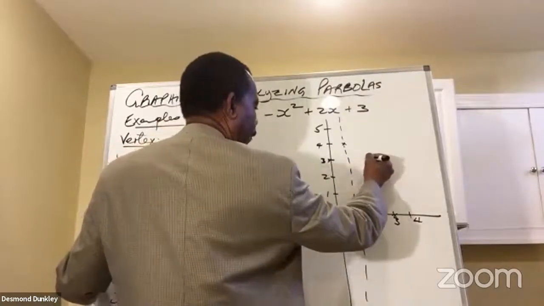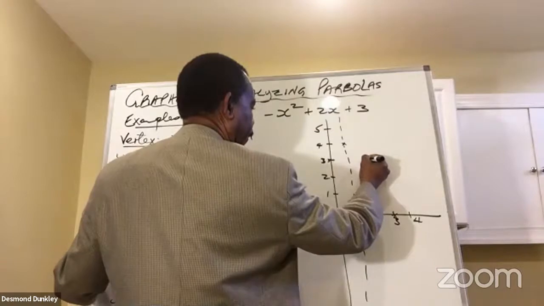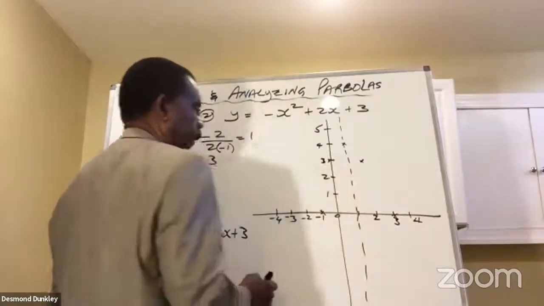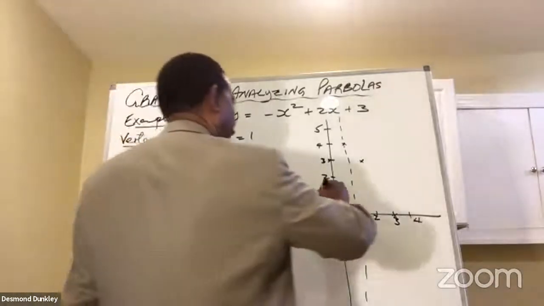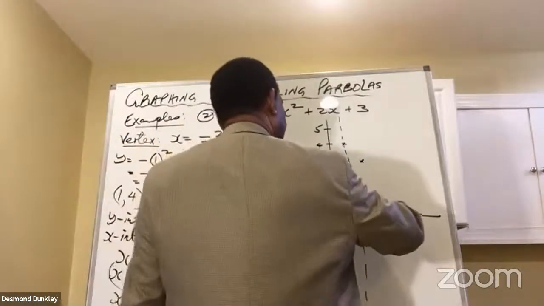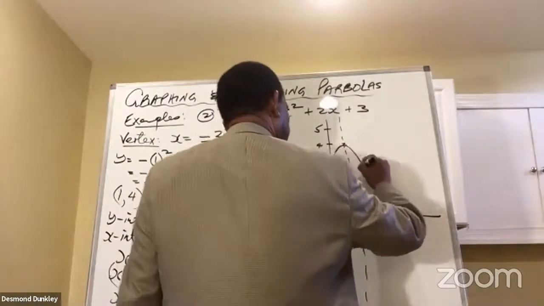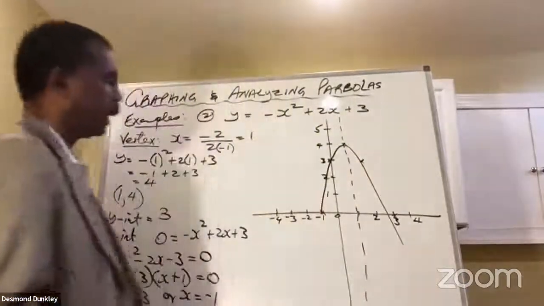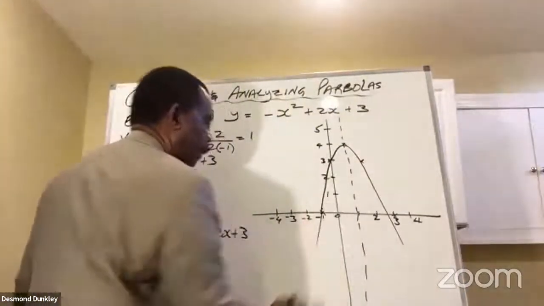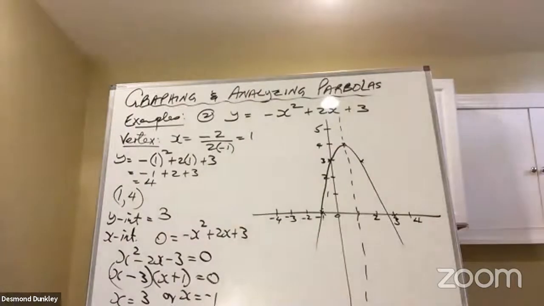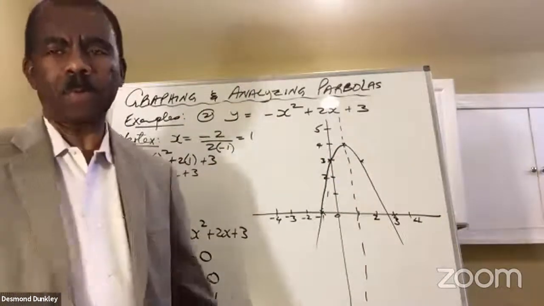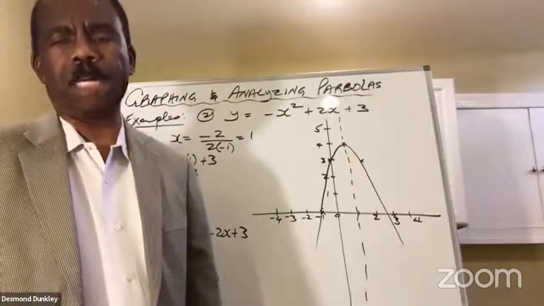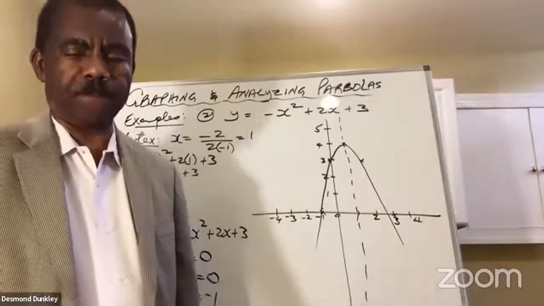So 1 to the right goes here. Okay, good. And now we need to draw our graph that goes somewhat like this. Okay, so this is a graph opening downwards.